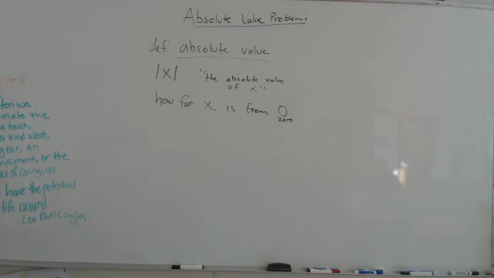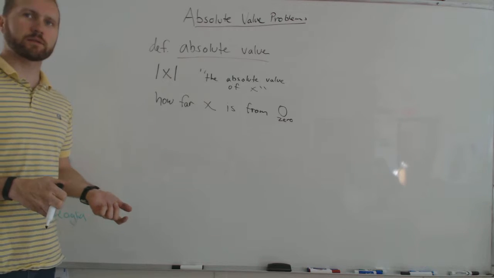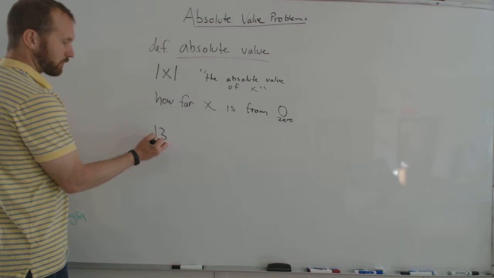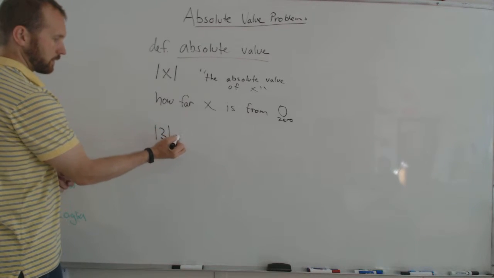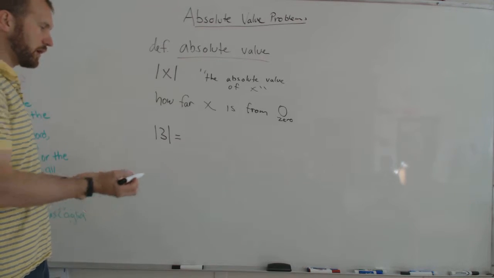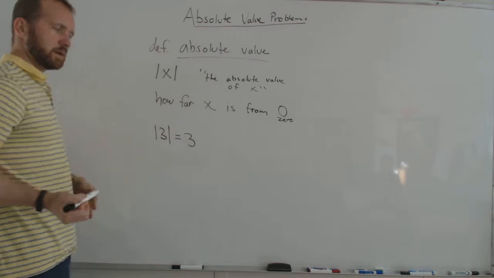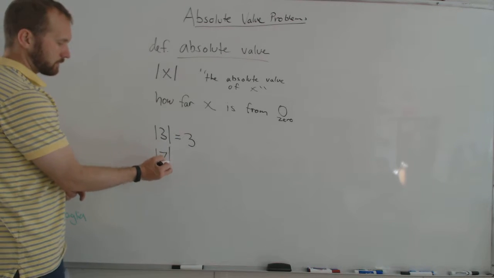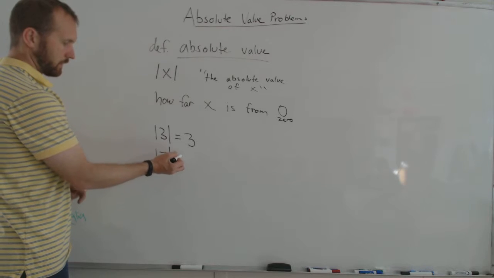Now, for a lot of numbers, that's just the number. So if I said, what is the absolute value of 3? How far is 3 from 0? 3. So the absolute value of 3 is 3. What is the absolute value of 7? 7.